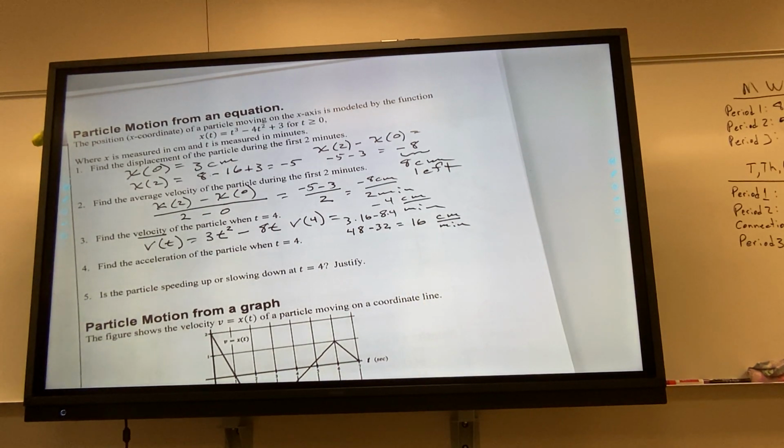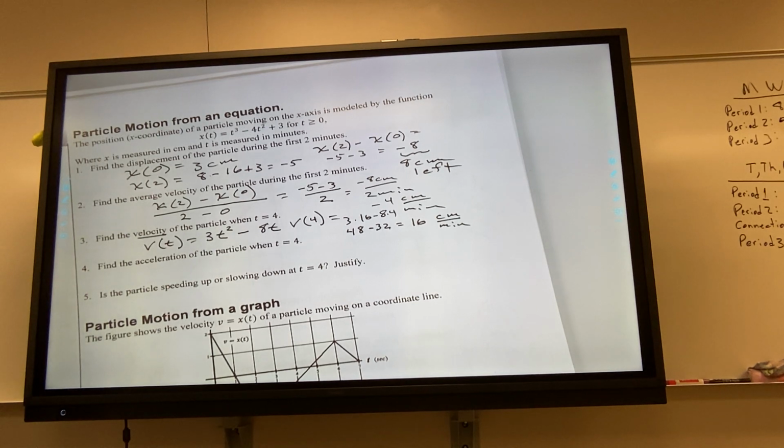In the context of the problem, what does it mean? At 4 minutes, exactly at 4 minutes, this particle is moving, and how fast?